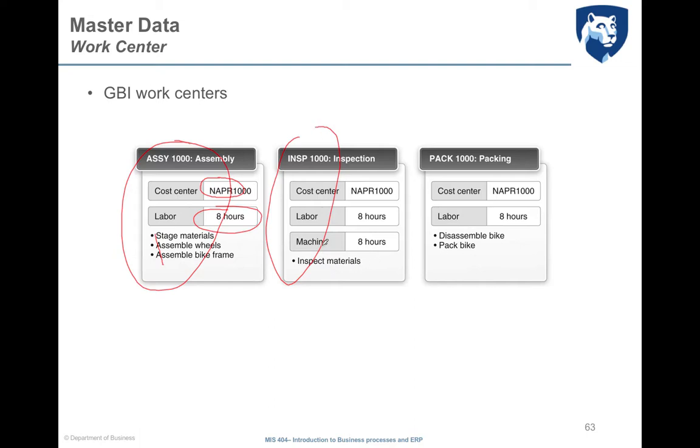And essentially the labor capacity is 8 hours, and also the machine capacity is 8 hours per day. So here we have 2 types of resources and 2 different natures of production capacity. So one related to the workforce and one related to the machineries. Also in this case, the cost of this work center is allocated to APR 1000.